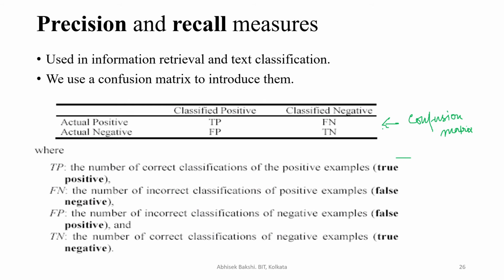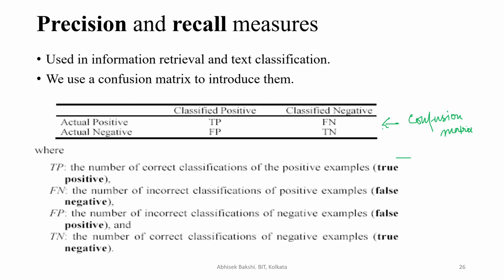If the image of an orange is given to the model and it classifies it as orange, that is a correct classification, right? So true positive means the correct classification of the positive examples, the correct classification of the orange.